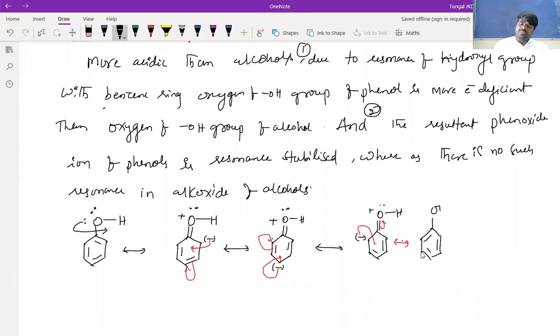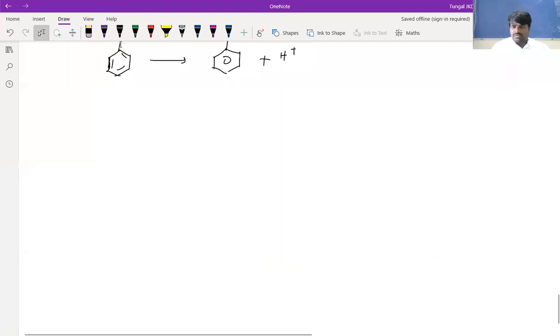Because of this positive charge, expulsion of hydrogen takes place readily. This phenol will expel this hydrogen very readily and form the corresponding phenoxide plus H plus.